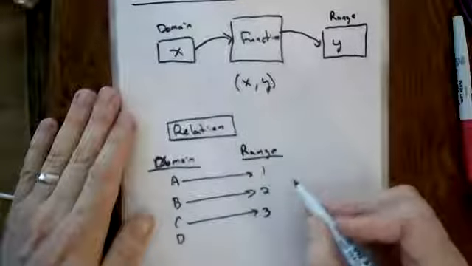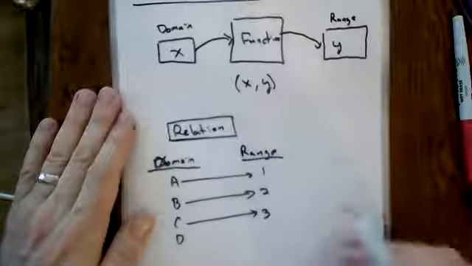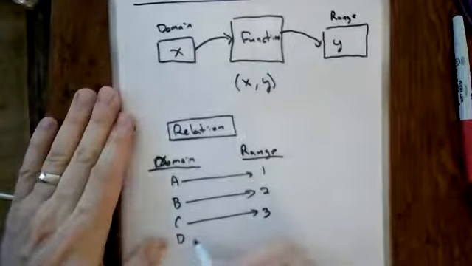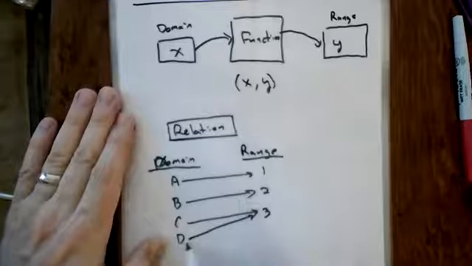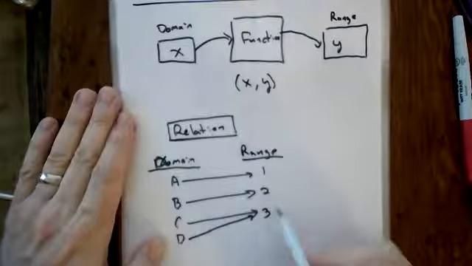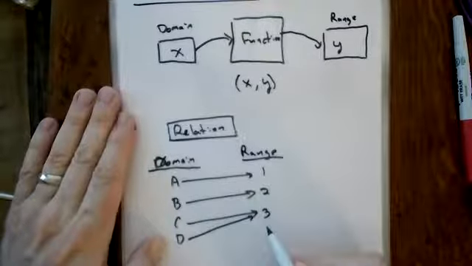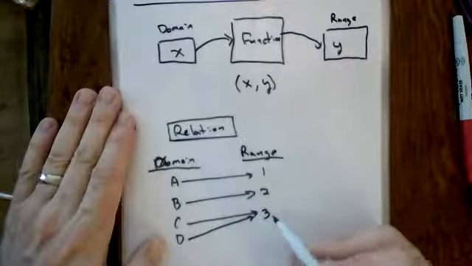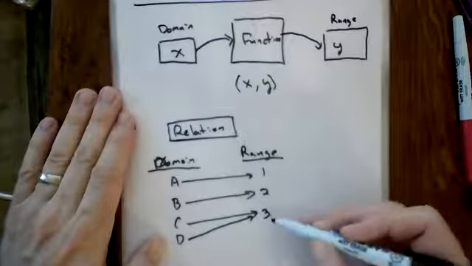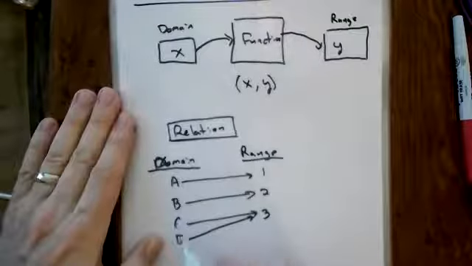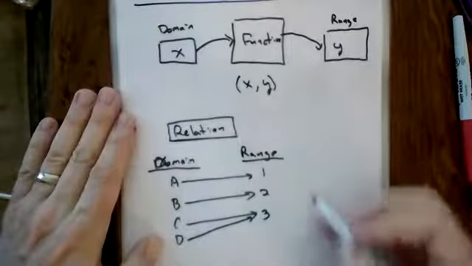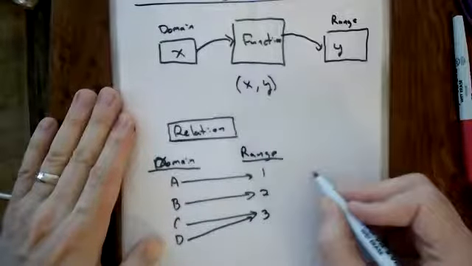If D also maps to 3, a range can double up. 3 could happen if I enter either a C or a D, so this is still a function.